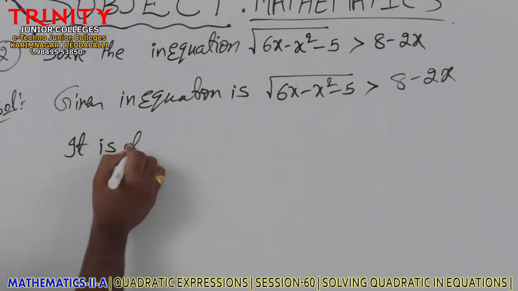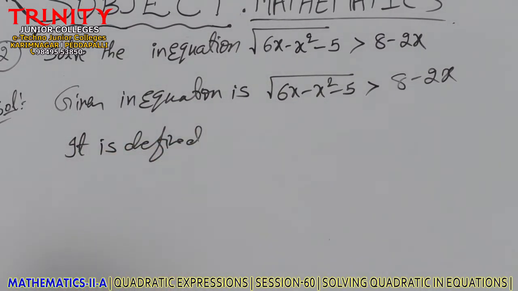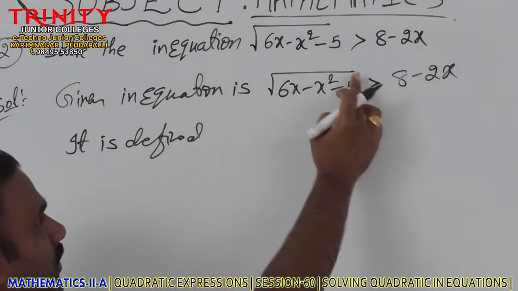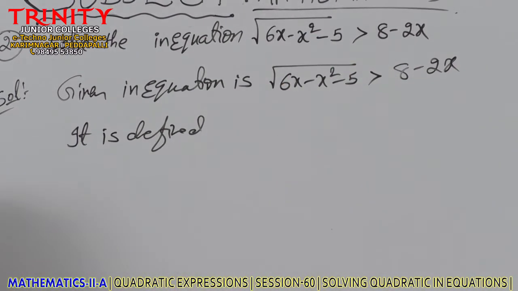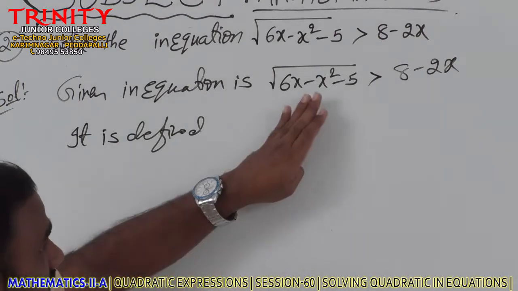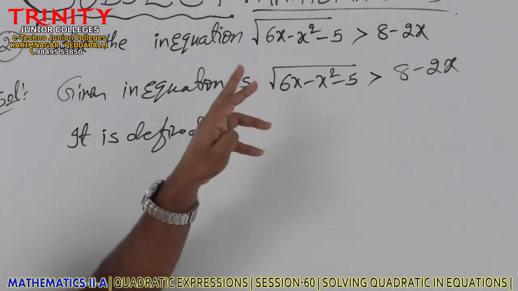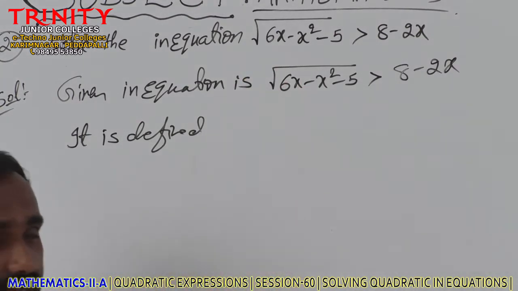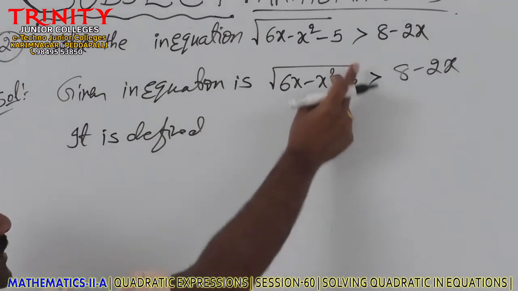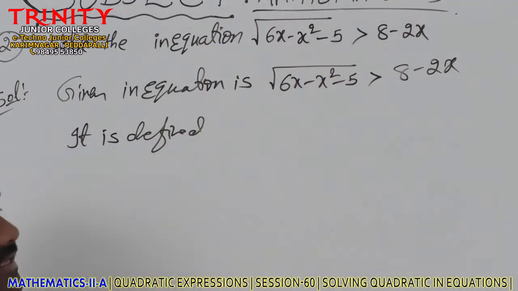It is defined when this is always greater than or equal to 0. If it is less than 0, then it is not defined. Why? Because the root of a negative value is not a real number. That's the reason; only if it is defined is this inequality defined.